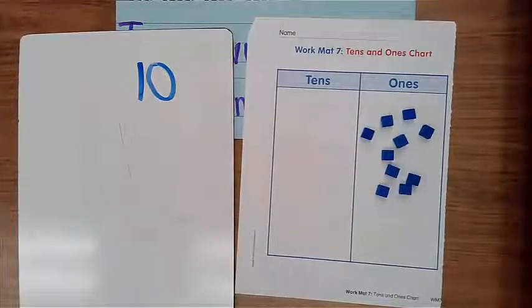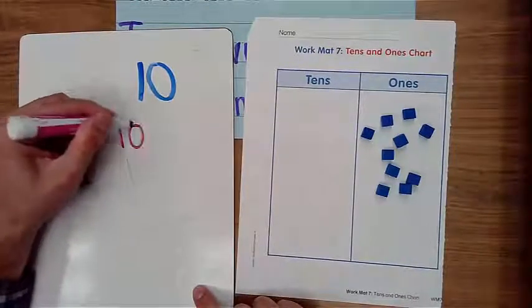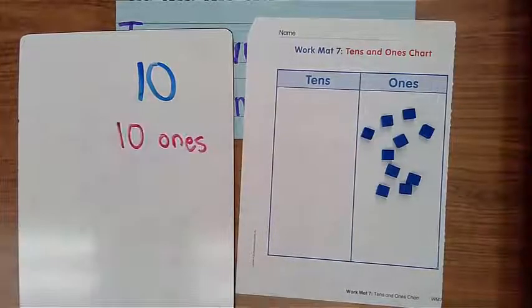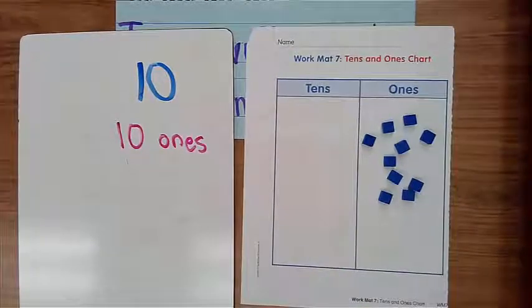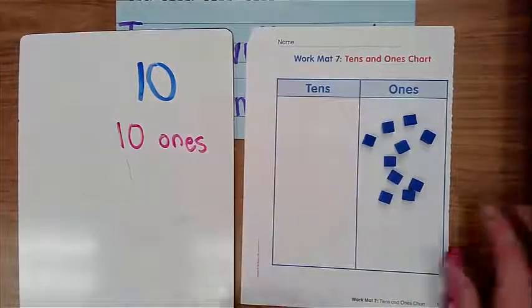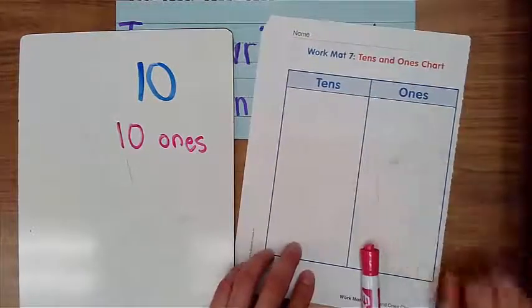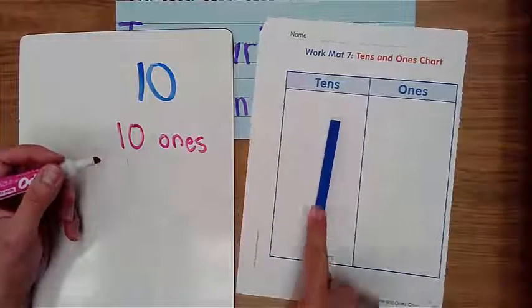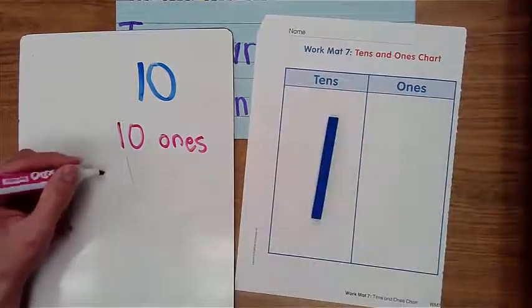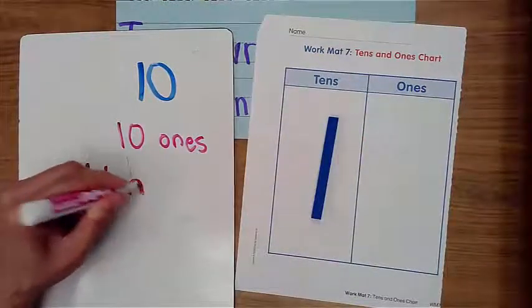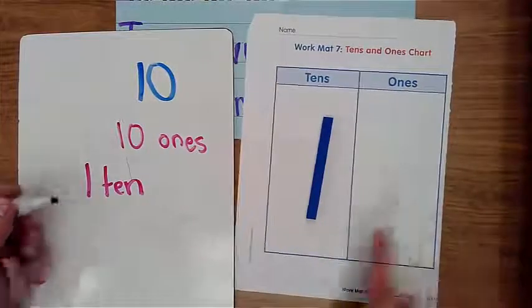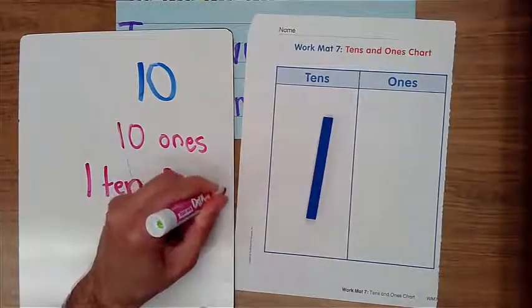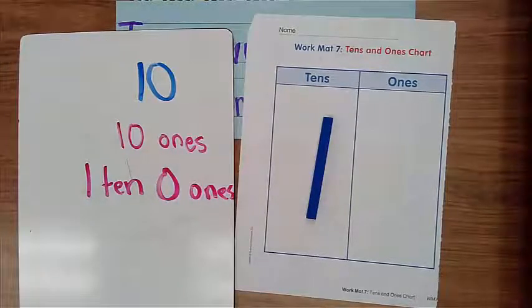Or it could look different. We could say it looks like this, which is 1 ten and 0 ones. So we could write 10 many different ways.